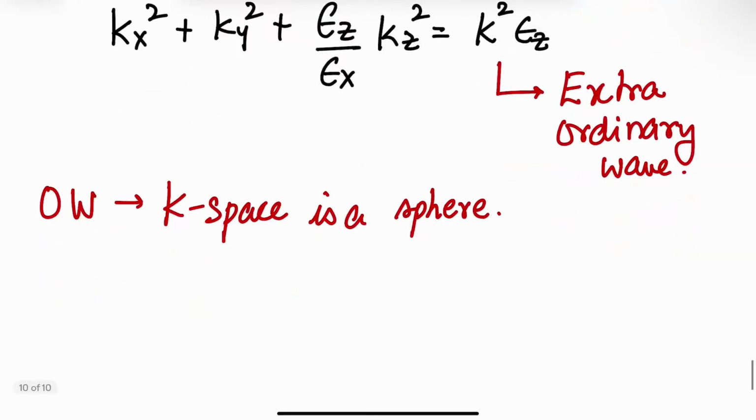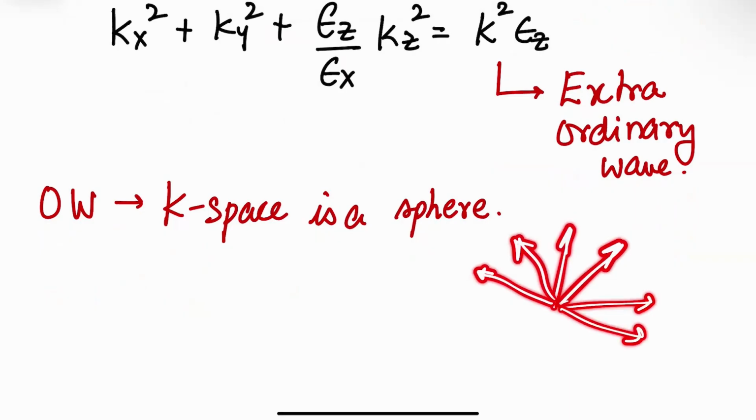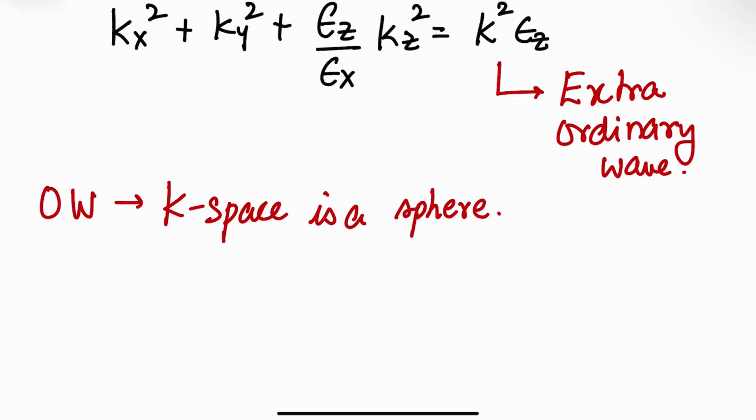Which means that no matter which direction this wave is propagating inside the medium, it has the same k, the same magnitude, which means it has the same wavelength, which means it has the same speed. Right?